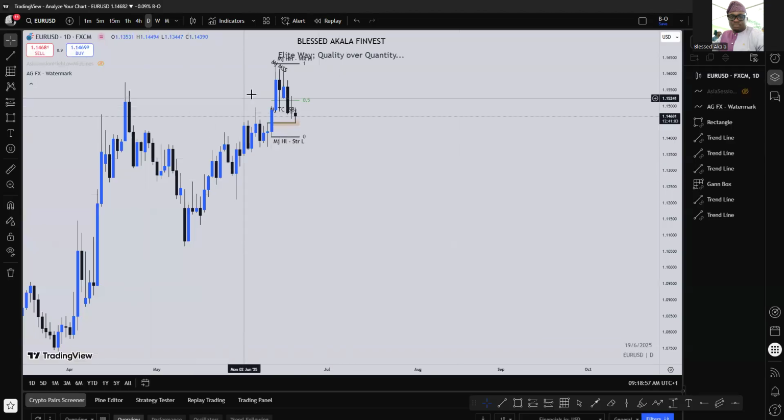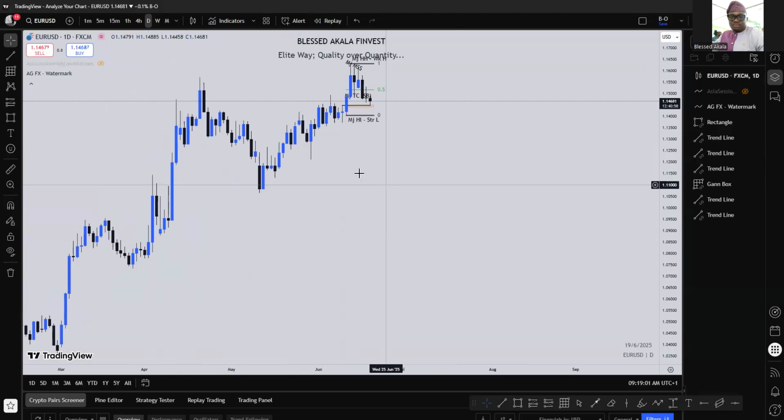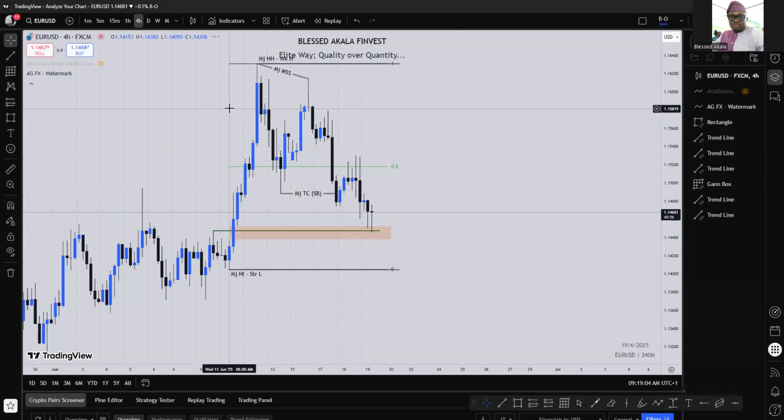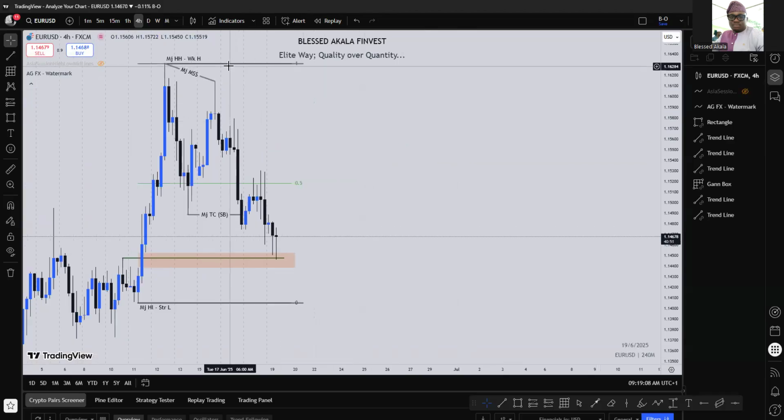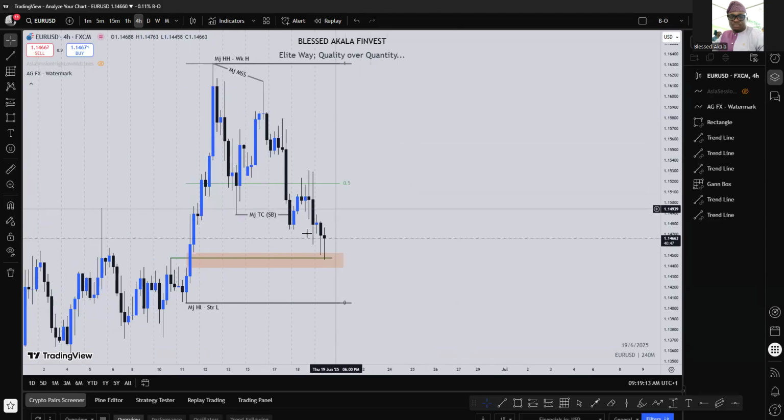So we talked about why we shifted to the right side of the market yesterday, so we're not going to dwell much on that today. What we're going to do is basically continue with our trend and try to see where we can capitalize.